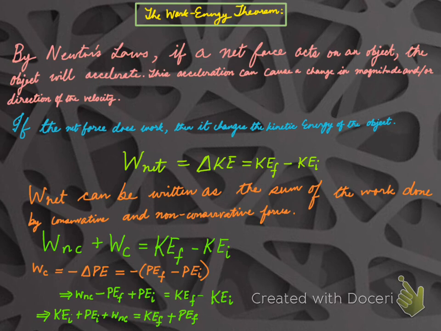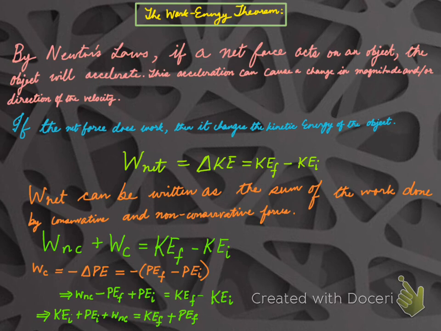Mechanical energy is the sum of kinetic and potential energies. So what this equation tells us is that if a non-conservative force does work, then it changes the mechanical energy of an object or a system of objects. So the sum of the kinetic and potential energies initially is modified by the work done by the non-conservative force, and you have a new kinetic energy final and potential energy final.